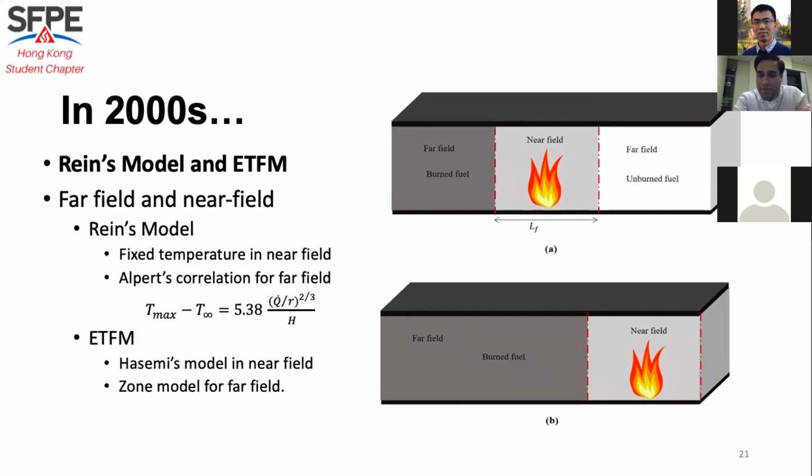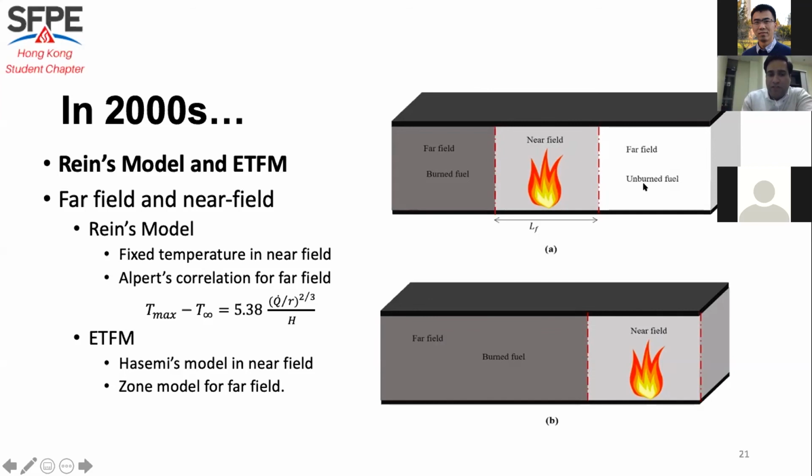The near field is the region where the fire is burning and impinging directly on the structural components. The far field is, as the name suggests, far from the flaming region, where there is no flaming but mainly smoke. In his model, Rein suggests a fixed temperature within the near field, like 800 to 1200 degrees Celsius, based on how much fuel load you have.